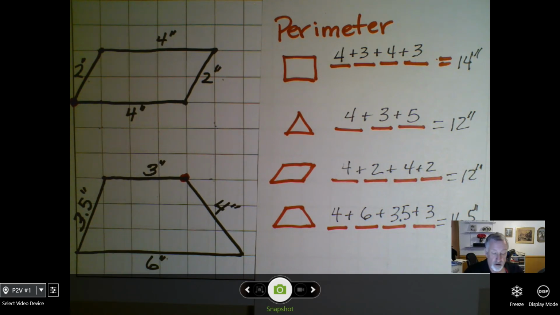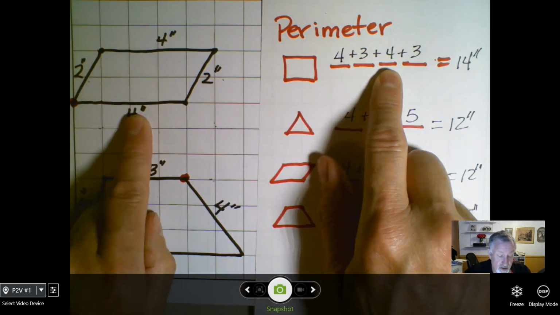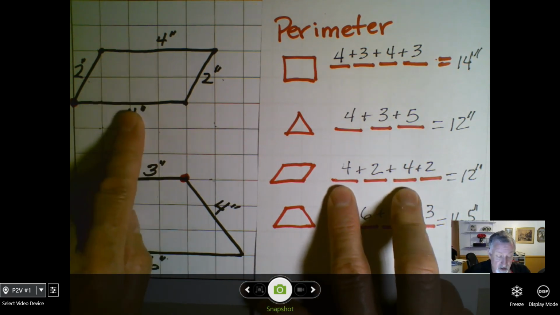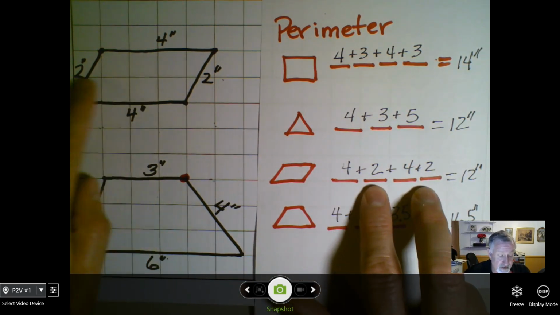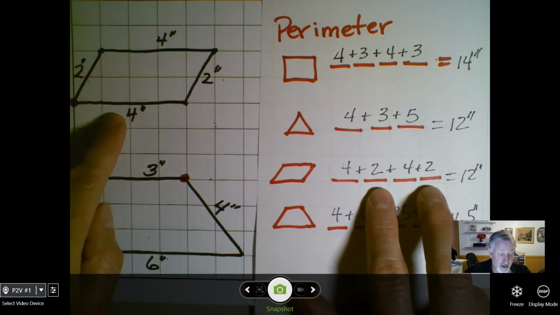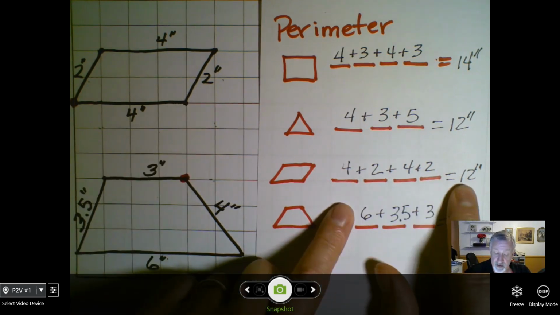Even if it is a more complex object, still continue to go from point to point along the outside. For some of these, there are some shortcuts. You notice here there's 2 of the upper and lower bases and 2 of the sides. So we could do 2 times the top and bottom. 2 times 4 is 8. 2 times 2 is 4. 8 plus 4 will still give us 12.